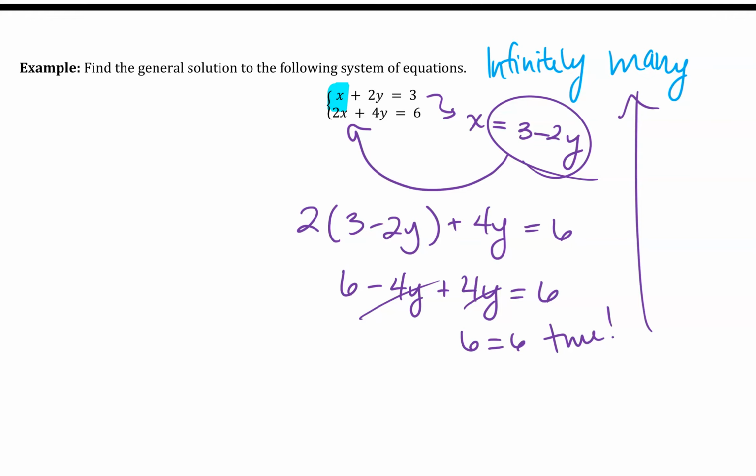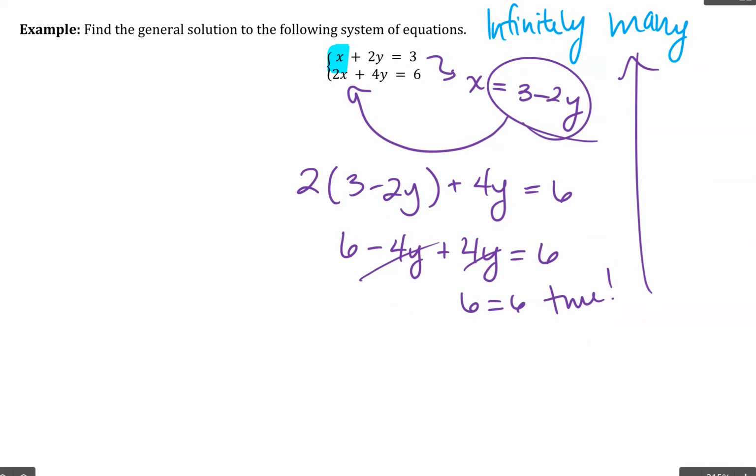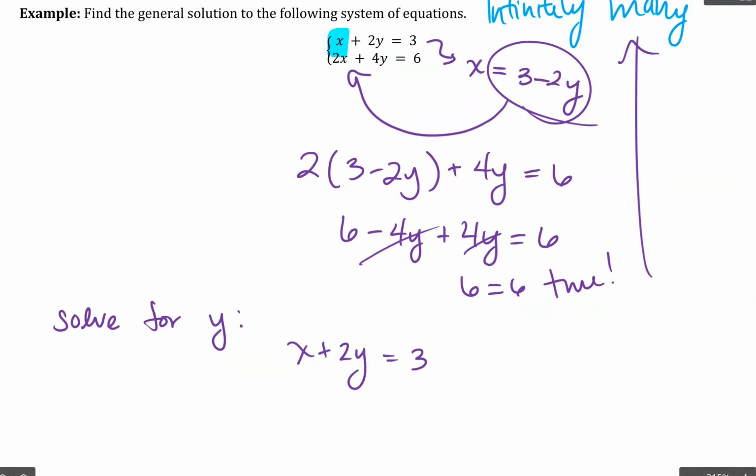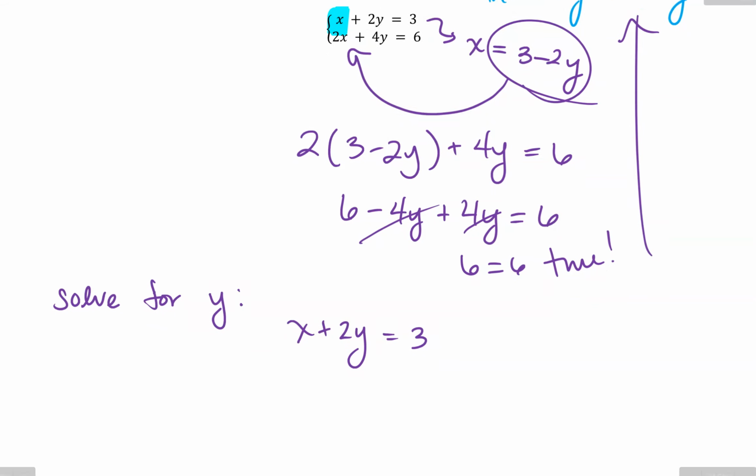If we can plug in any x value, and this will become true, what then do we get out for y? So that means we actually just need to solve for y. So we're going to write some general coordinate point. Let's say we start with that first equation. Remember, you can do this for either, but the first one looks a little bit nicer to deal with. And let's solve for y.